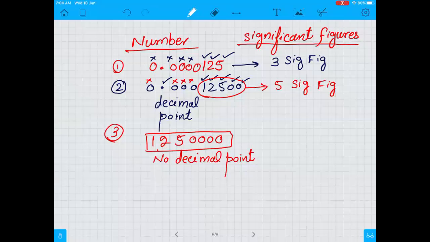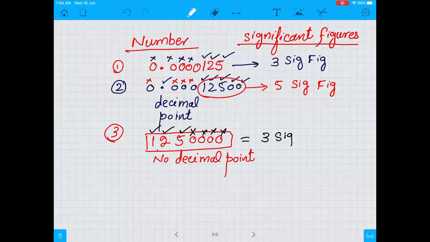So zeros which are after non-zero digits or on the right side of non-zero digits, these 4 zeros, they will become insignificant because the number has no decimal point. They should be crossed. They are insignificant. Now these 3 numbers are significant, and this number has obviously 3 significant figures.